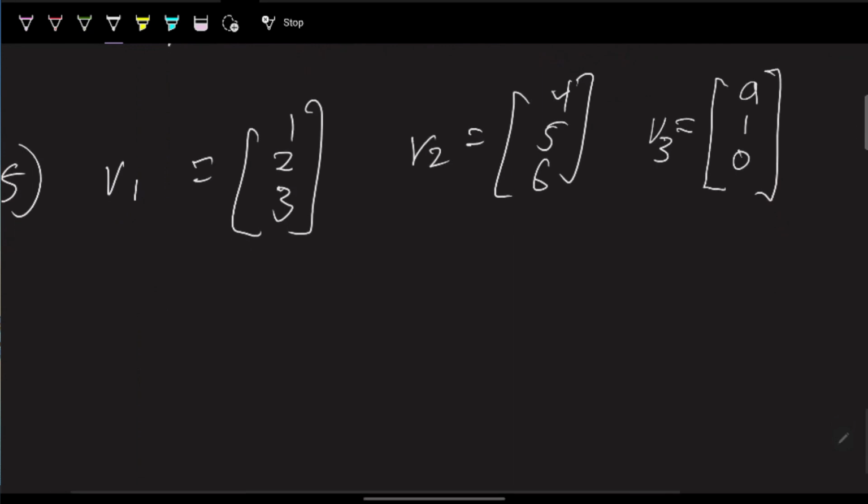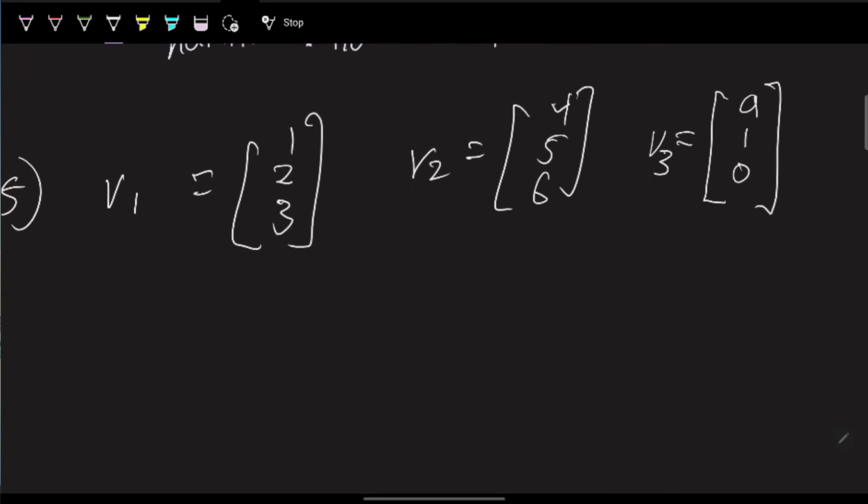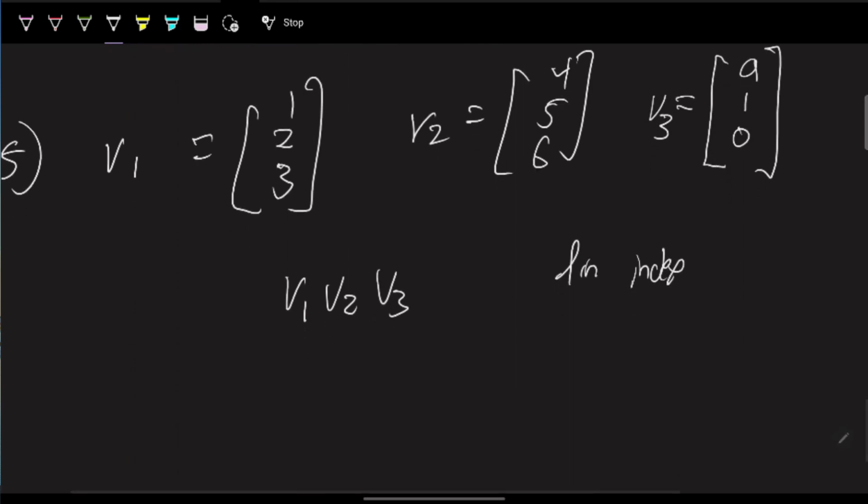But okay, so it's basically asking for a range of values of A so that V1, V2, and V3 are linearly independent, right? Which basically means that if we put them inside a matrix, 4, 5, 6, and A10, and I guess we can augment it with 0, 0, 0, but it doesn't really matter.